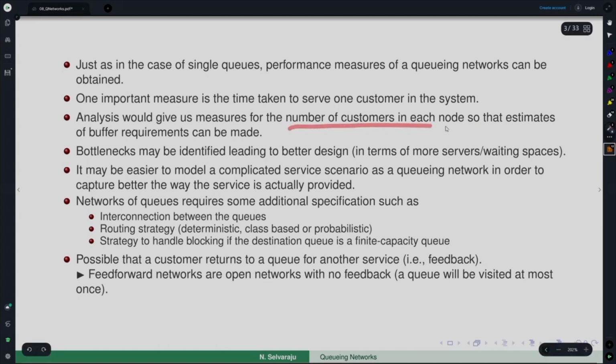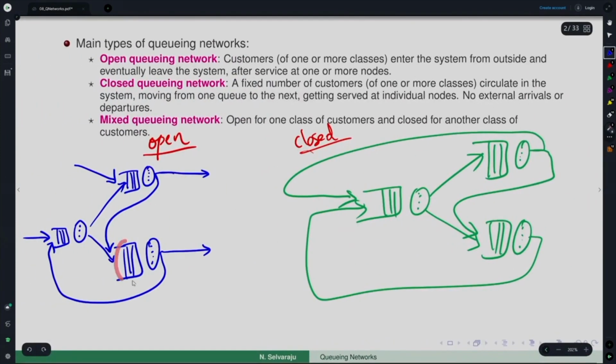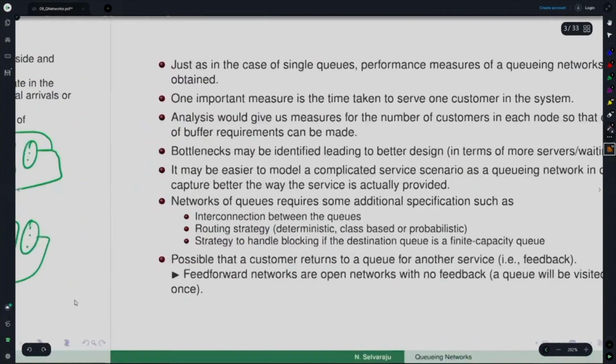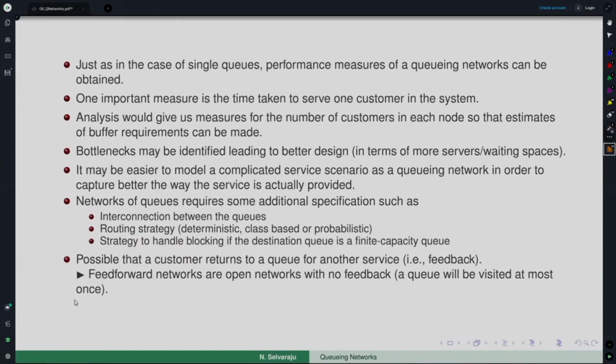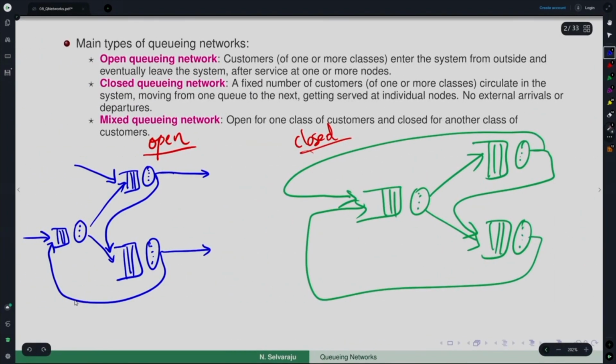If we look at the number of customers in each node, it helps us in two ways. One is that we can estimate what buffer we need to keep here, okay. Also, one way is the whole thing can be thought of as a queuing system without regarding the individual queues inside.